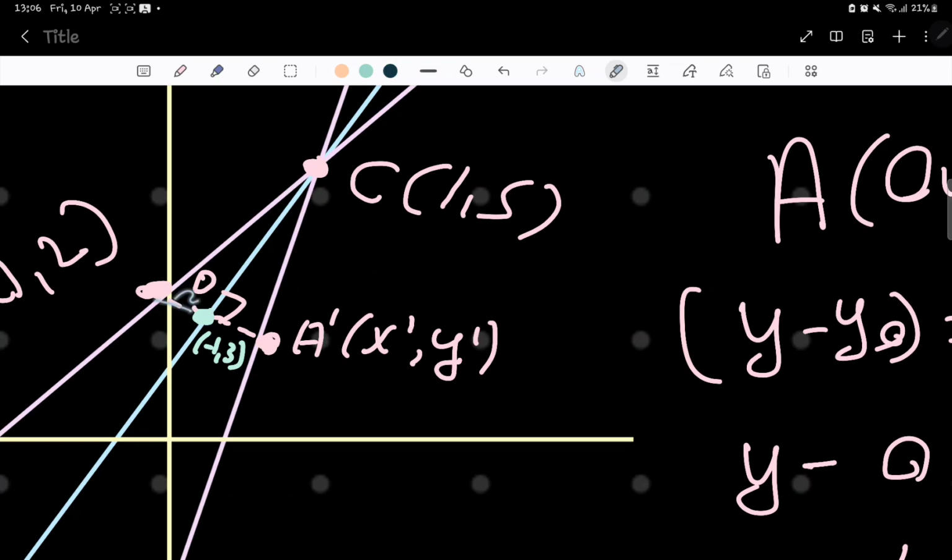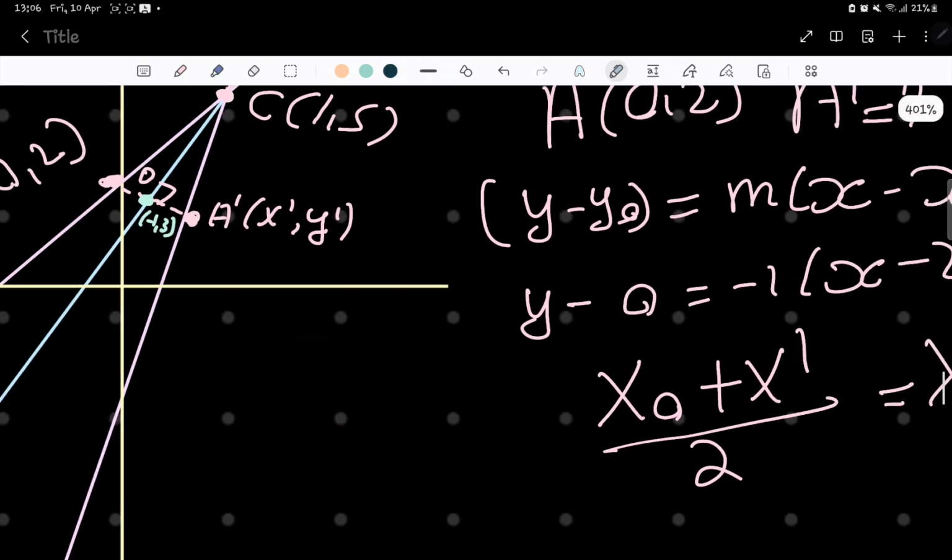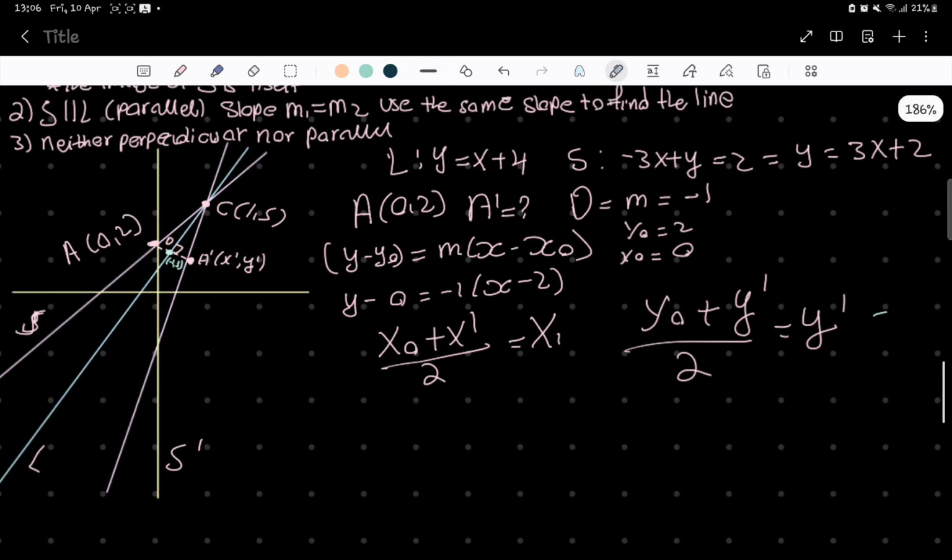After we rearrange, we find that x prime is equal to 2 x1 minus x naught.